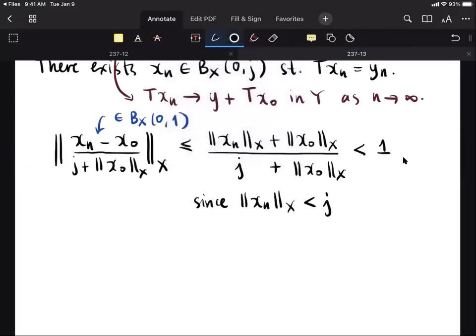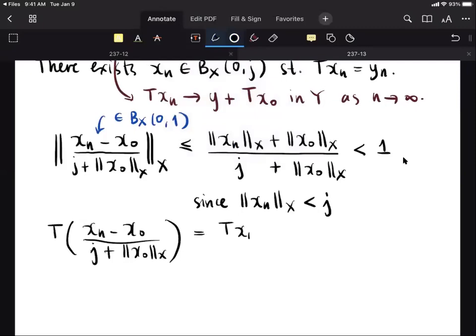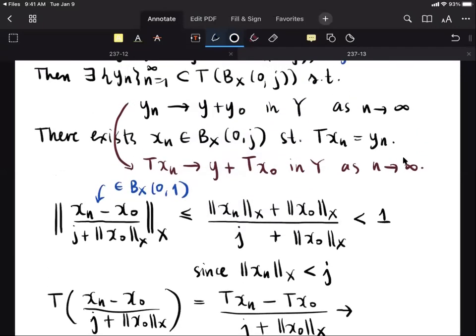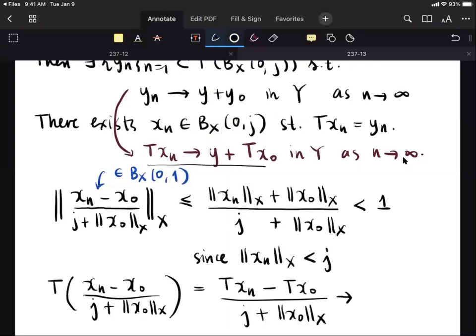Now the image of this vector here, applying the linearity, this tends to, so we have here, you subtract T x naught both sides, or you transfer this to the right.